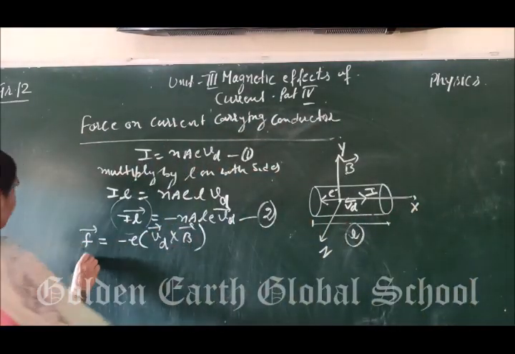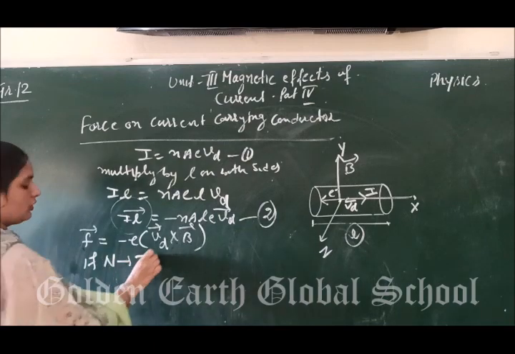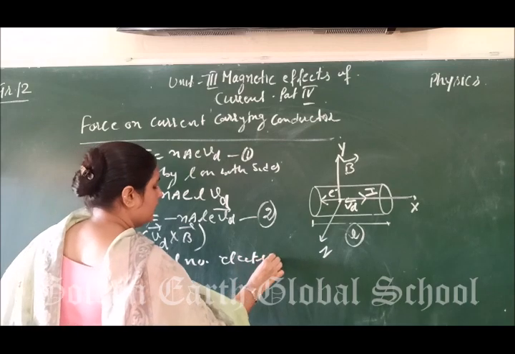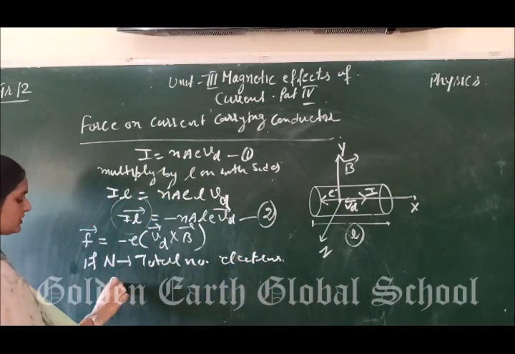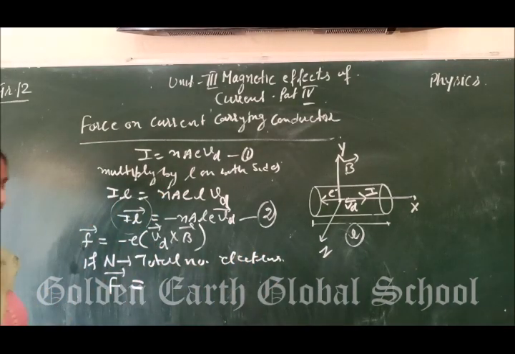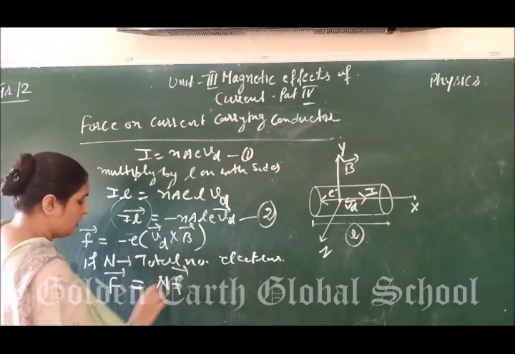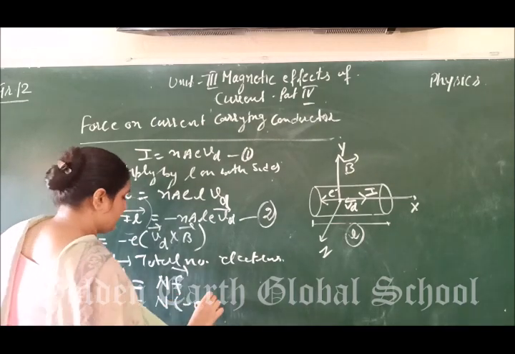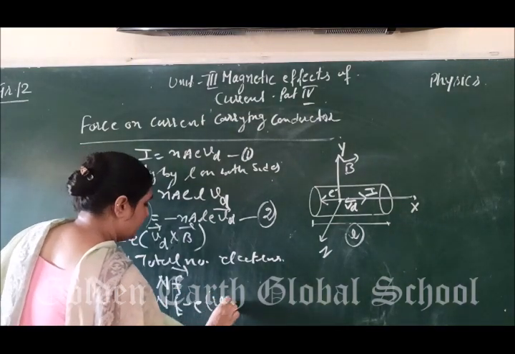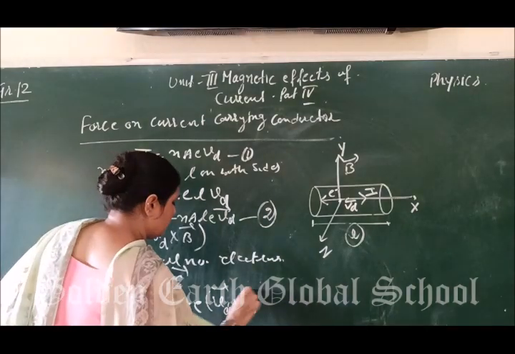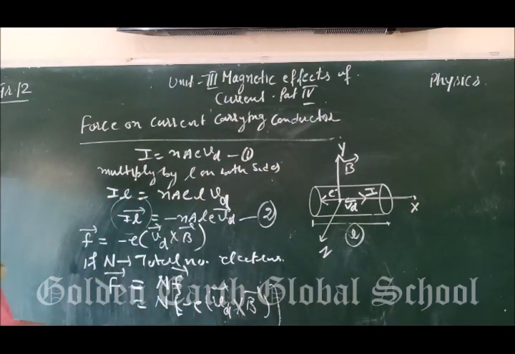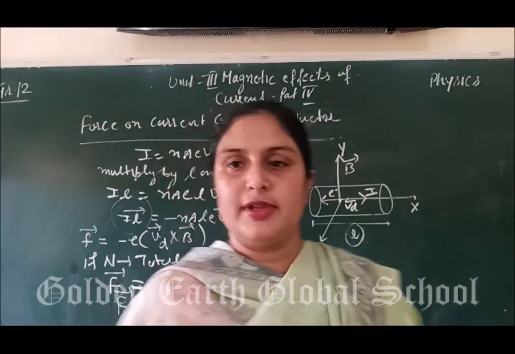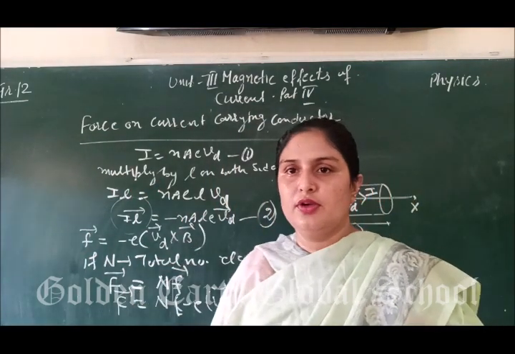Now if capital N is the total number of electrons, then the force experienced by the whole conductor will be N into small f, or N into minus e Vd cross B. This is the net force experienced by this current carrying conductor placed inside the magnetic field.